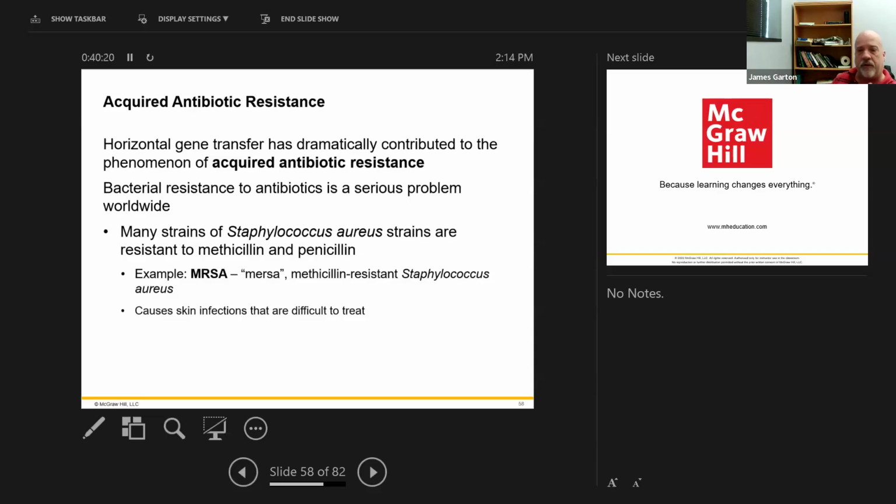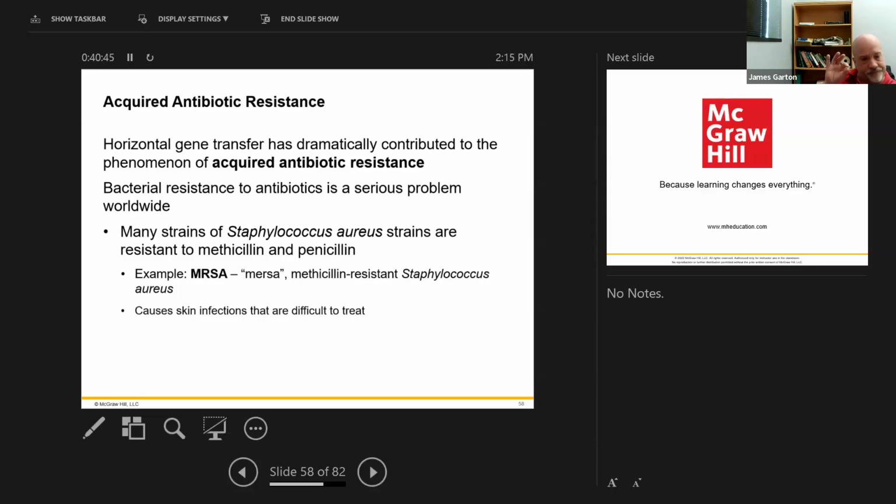And some of these bacteria cause human illnesses. For example, there's a bacterium, Staphylococcus aureus, and these happen to be resistant to methicillins and penicillins. And there's an example, MRSA, methicillin resistant Staphylococcus aureus.